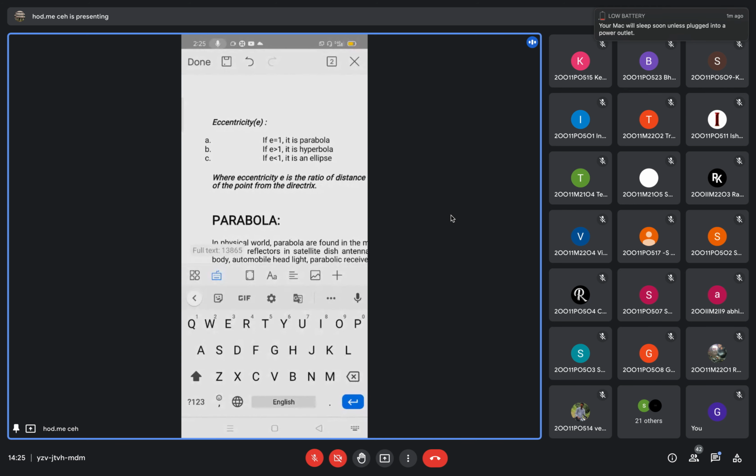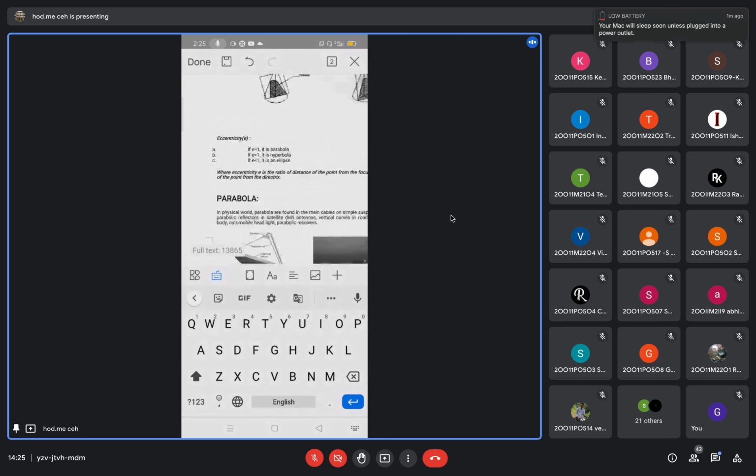These are very important to all of you. The first one: if E is equal to 1, it is a parabola.